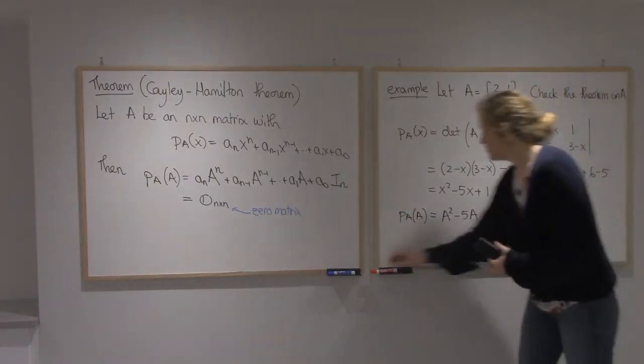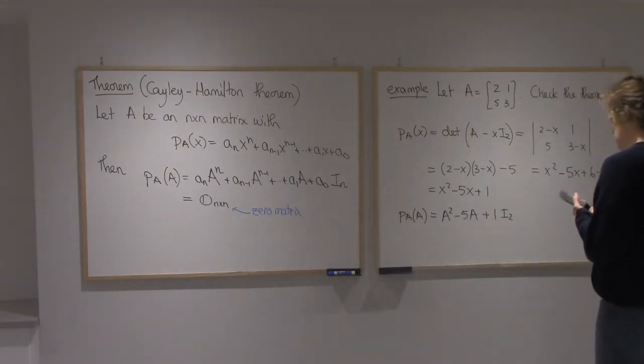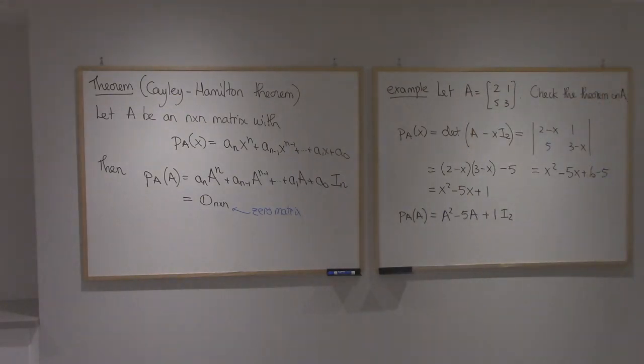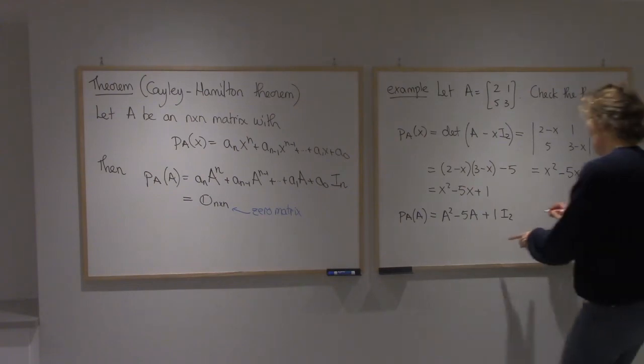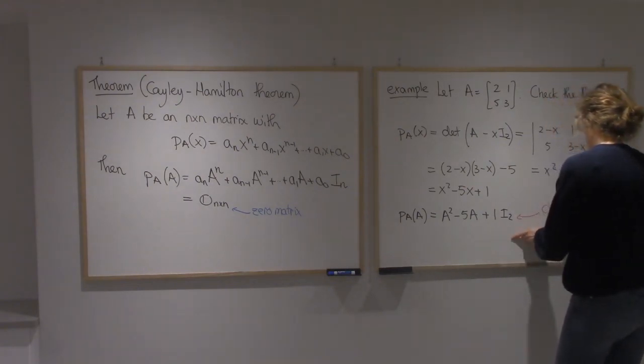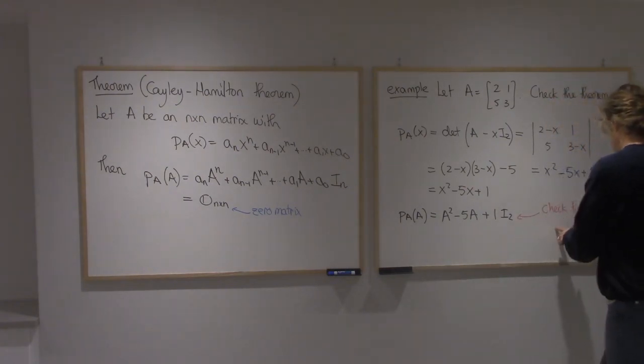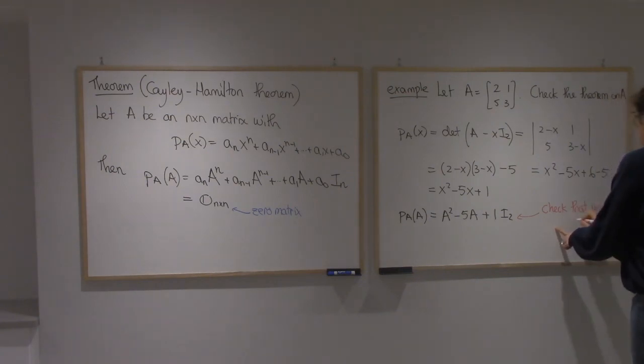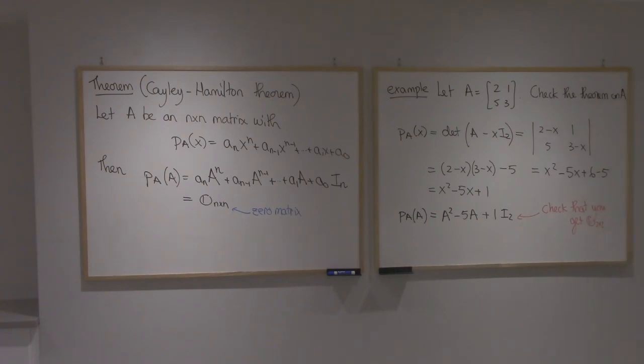And I want to make sure that I get this zero 2 by 2 matrix.